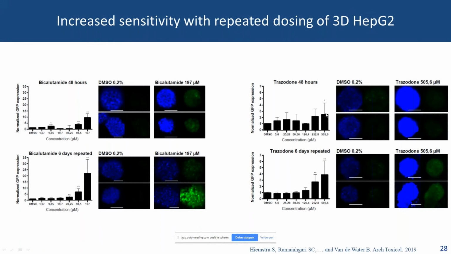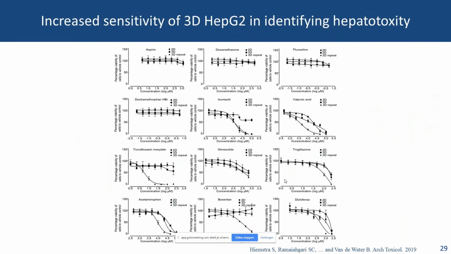And also for the second compound, trazodone, we see that at the highest concentration, there's a significant induction of sulfiredoxin GFP. But if we now do a repeated dosing, so instead of a single exposure of 48 hours, we dose every day for 6 days, all of a sudden we see a very, very clear dose dependency, which is actually kind of missing in the single exposure. So yes, repeated dosing does make a big difference. All right, so that was for 2 compounds.